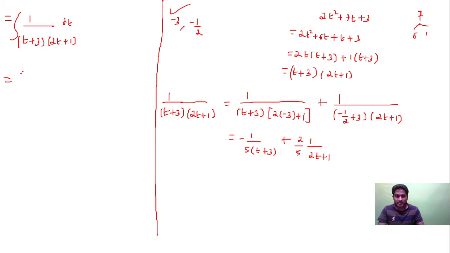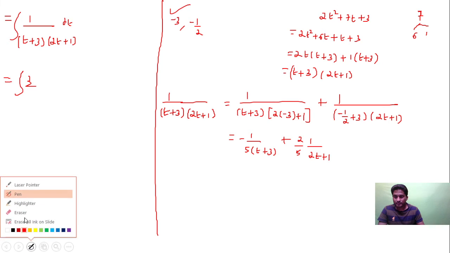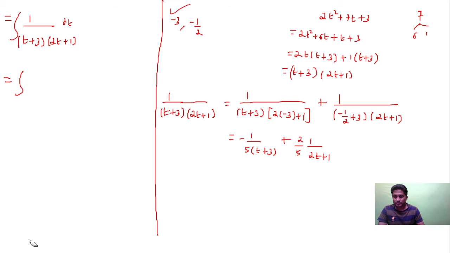Okay, so this is integration of 2 by 5, 1 upon 2t plus 1, minus 1 upon 5, and this is t plus 3, and then dt.